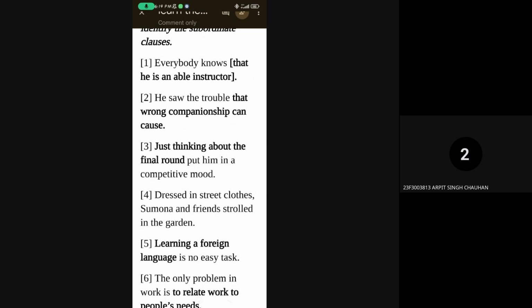So let's take an example, the first one, and try and understand a couple of these things. The first sentence: everybody knows that he is an able instructor. Since the question is on understanding the type of subordinate clauses, some kind of marking is already done on what the subordinate clause is, right? Can you tell me what the subordinate clause is in the sentence? Everybody knows that he is an able instructor.